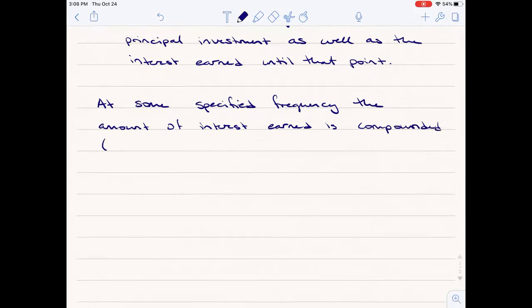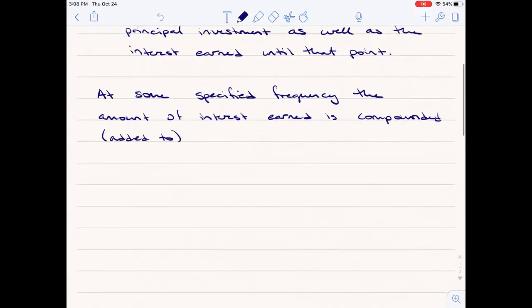Compounded just means that you're pushing things together. Added, compounded, aka added to the principal amount.